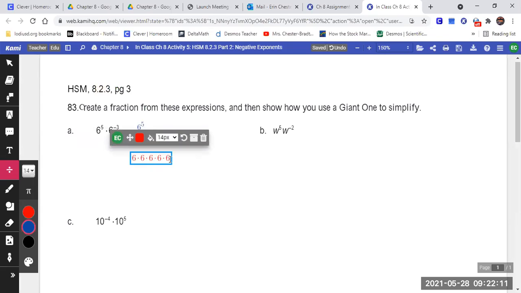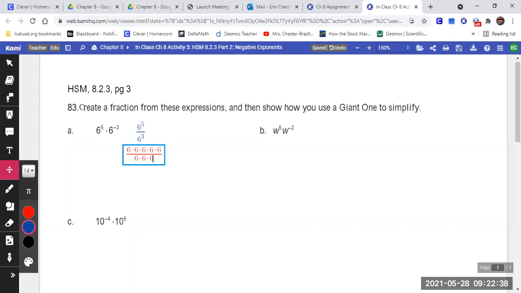Now, I need to make this into a fraction, so I have to highlight the whole thing and then hit the divide, which is the slash. What's the bottom going to look like? Yep, 6 times 6 times 6.